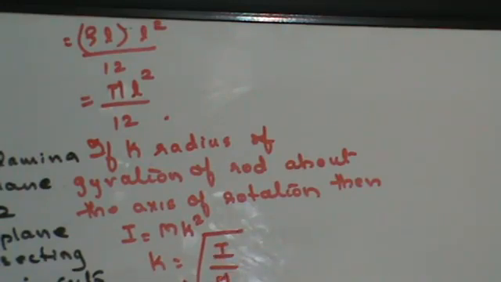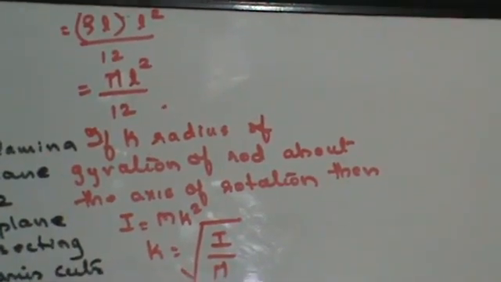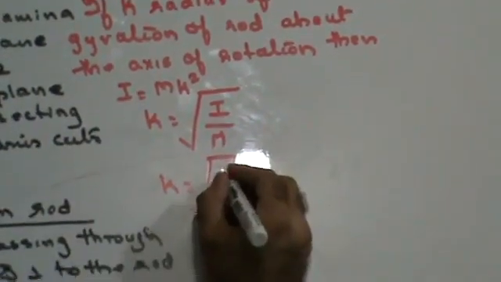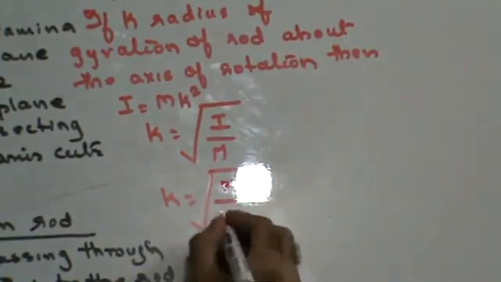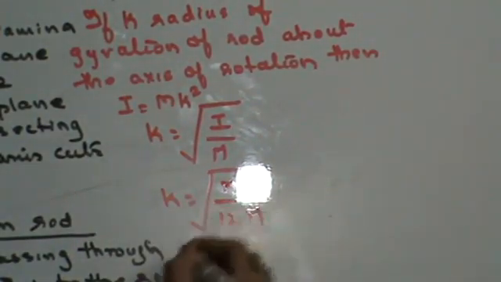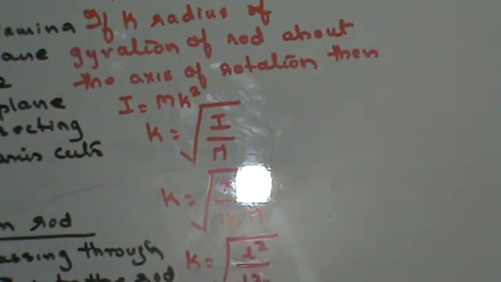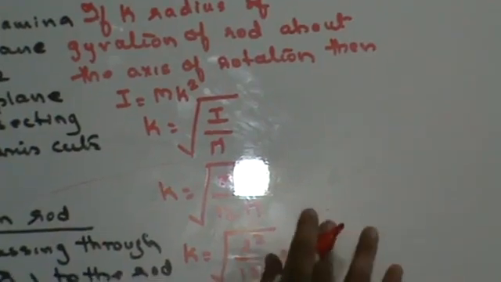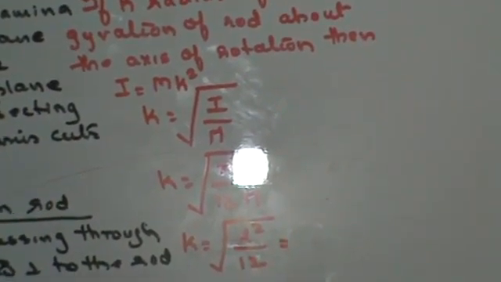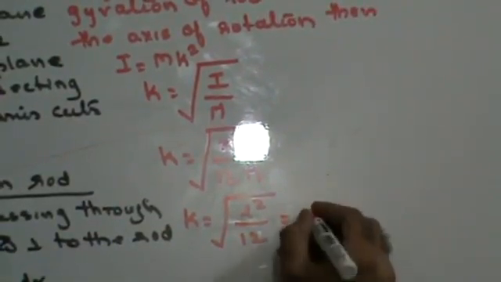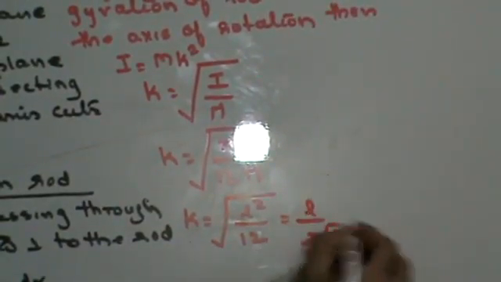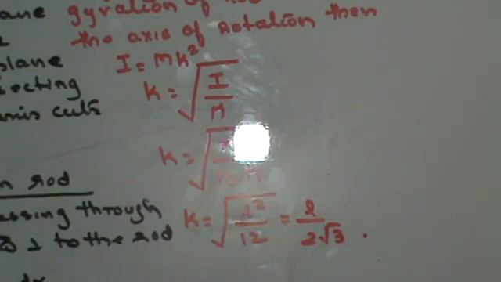I we just found out is nothing but ml square by 12, divided by m, and m gets cancelled, so k is equal to square root of L square by 12. 4 3s are 12, so I could have written this as 2 root 3, so this can be written as L by 2 root 3. That will be the radius of gyration.